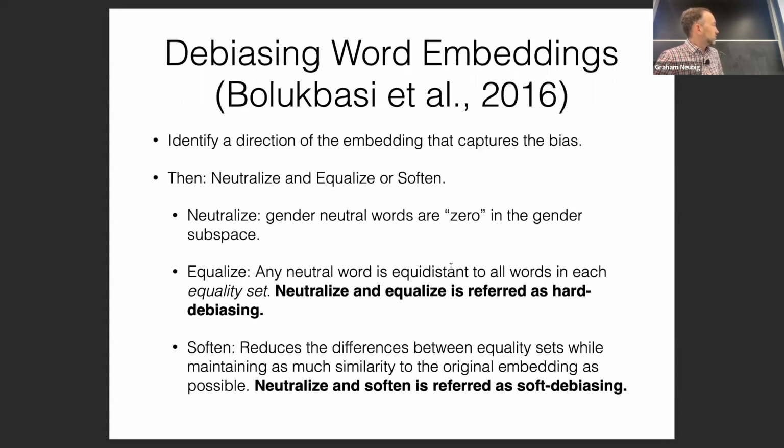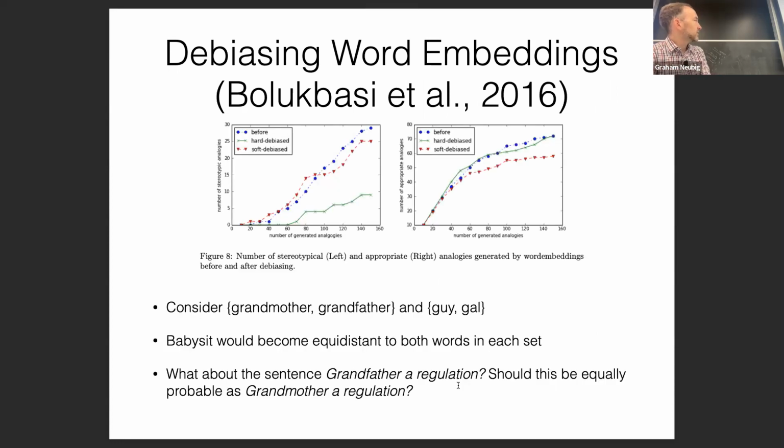Another thing is any neutral word is equidistant to all of the words in each equality set. So you would project all of the words so that they would be equivalently distant to all of the gendered words in this set here. And another thing is reducing the difference. When you soften, this reduces the difference between the equality sets while maintaining as much similarity to the original embedding as possible. And these are referred to as soft debiasing.